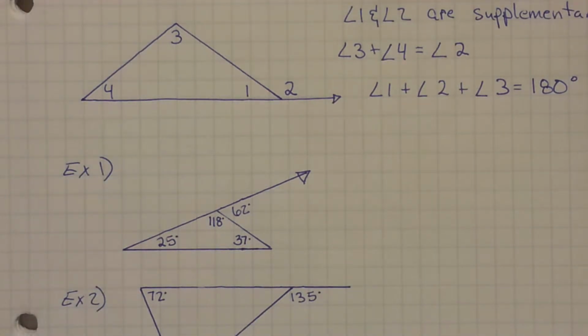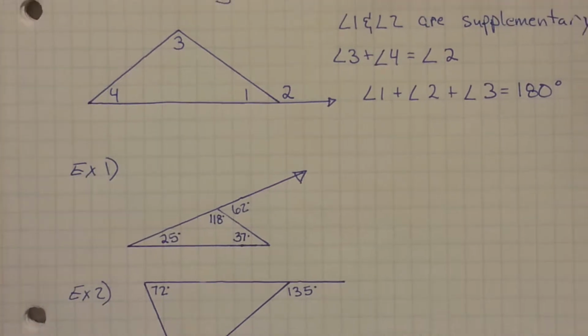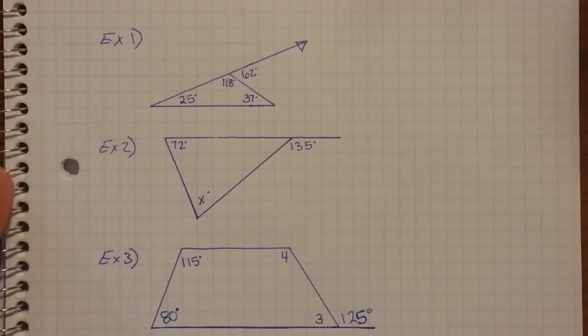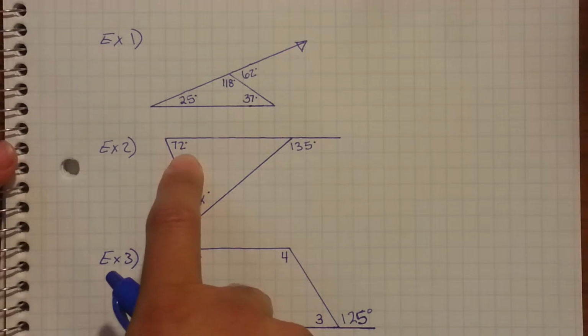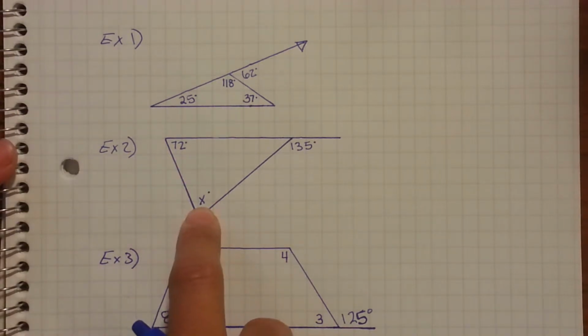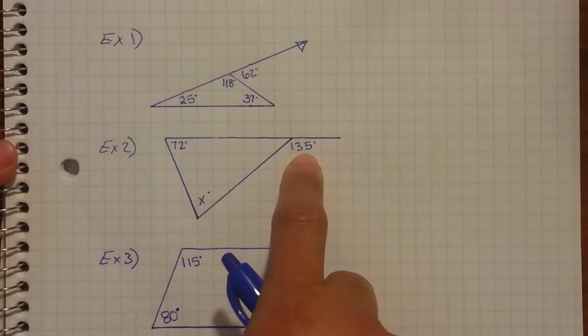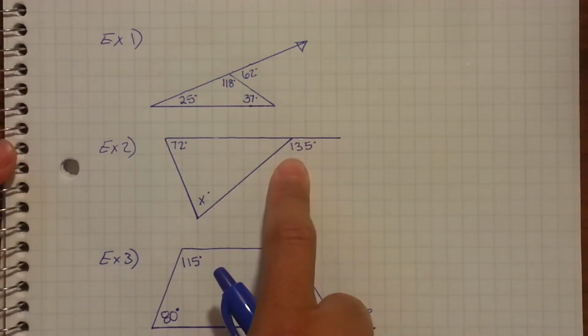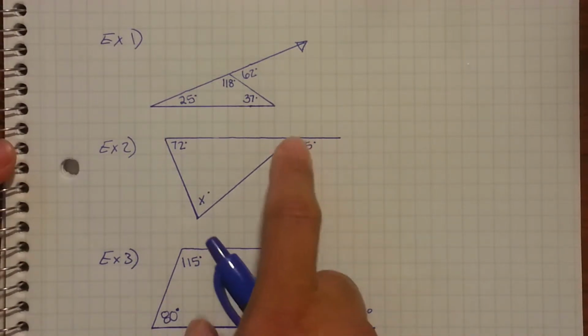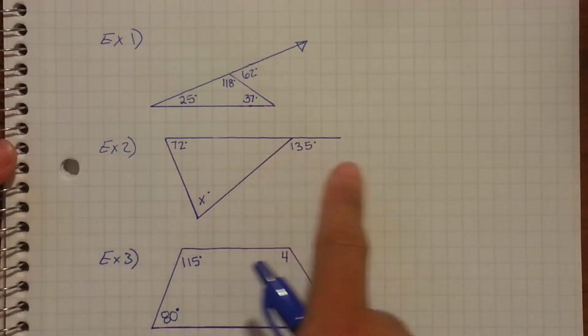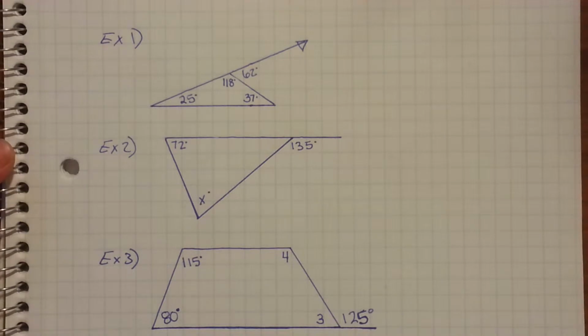Okay, so now let's take a look at example 2. On example 2 here, we have 72 over here, an unknown x right here, and this side right here is going to be 35. This one here is my exterior angle. Being the exterior angle, I know that this plus this has to equal my 135.